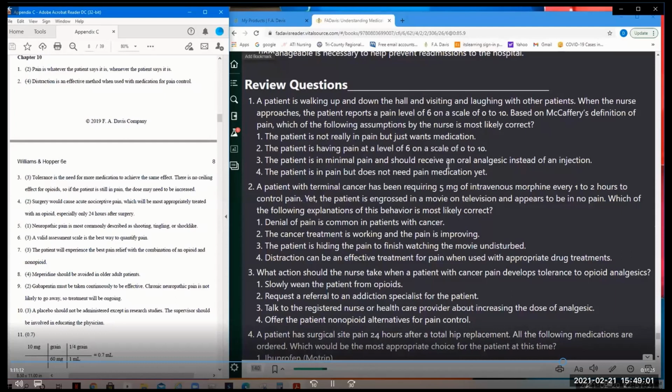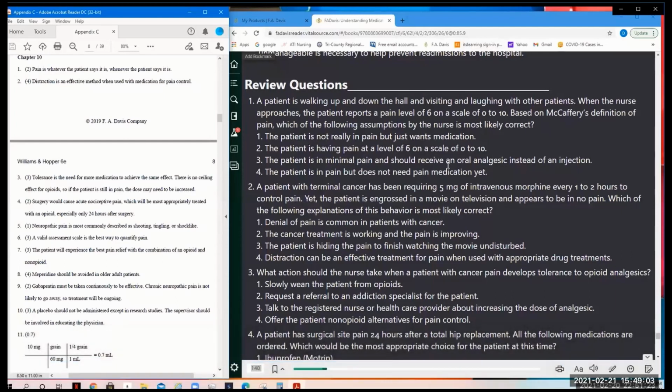A patient is walking up and down the hall and visiting and laughing with other patients. When the nurse approaches, the patient reports a pain level of 6 on a scale of 0 to 10.